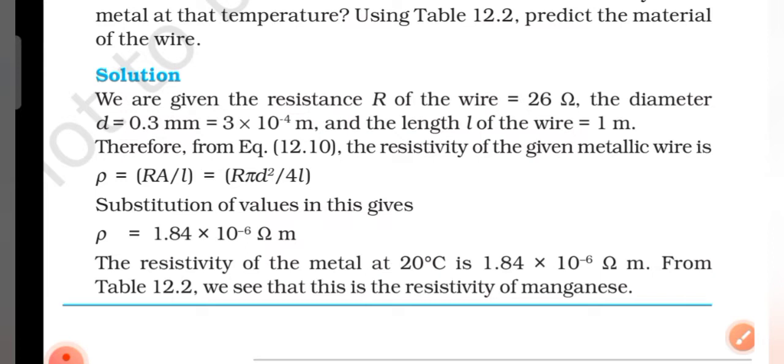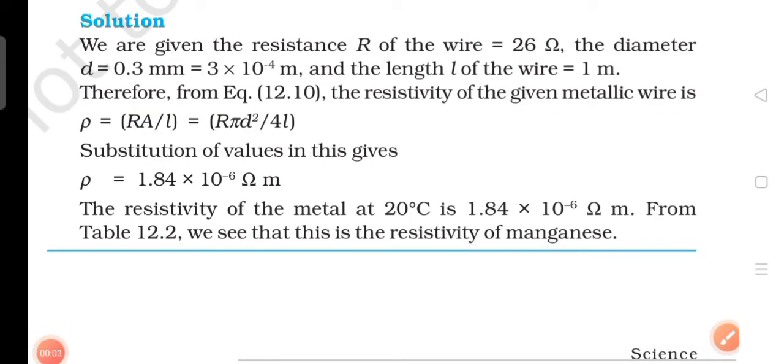So A is the cross sectional area, and for this they have converted it into pi d square upon 4. The formula for the cross sectional area is pi d square upon 4.